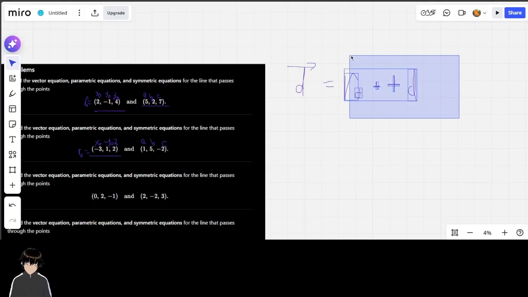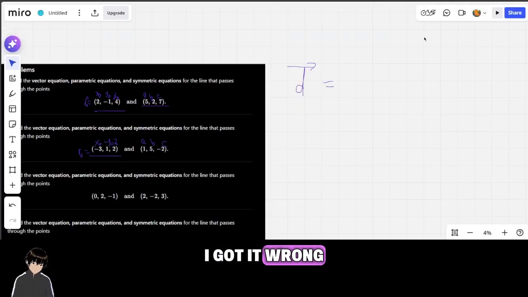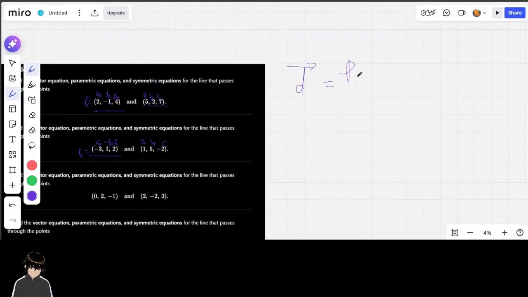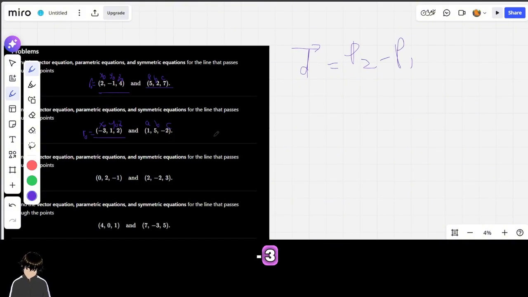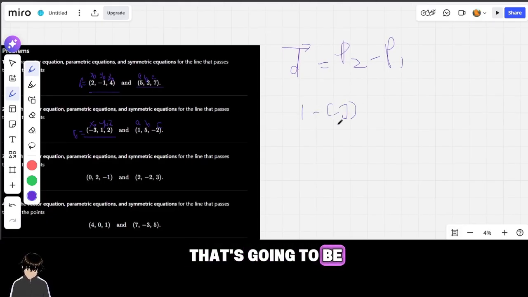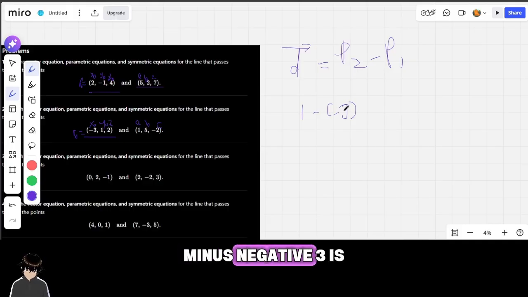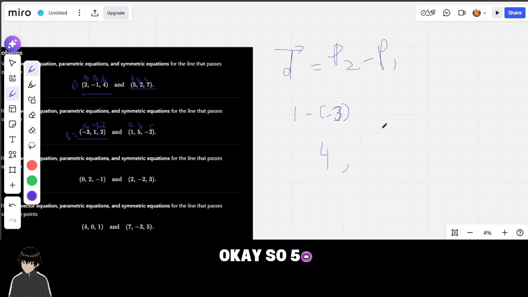Wait, no. Direction vector is actually, I got it wrong. It's actually P2 minus P1. Okay, so 1 minus negative 3 is going to be 4. Okay, so 5 minus 1, that's 4.